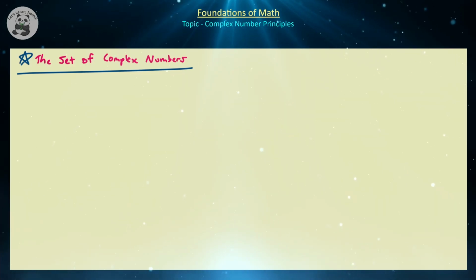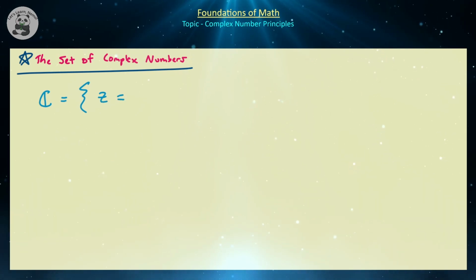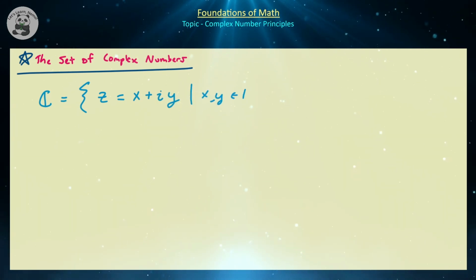So now that we have introduced this new number unit, which we denoted by i, we're going to formally introduce this set of numbers that can be built from both the real numbers and this single unit i, and that's called the set of complex numbers, which we're going to abbreviate by the fancy letter C. So the set of complex numbers, i.e. C, is the set of all numbers z which can be expressed in the form x plus iy, where x and y are both real numbers, and i is defined to be equal to the square root of -1.